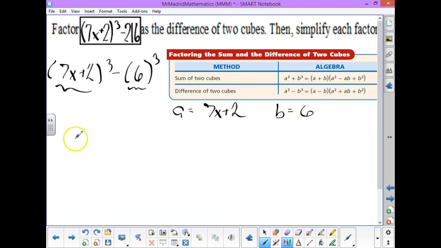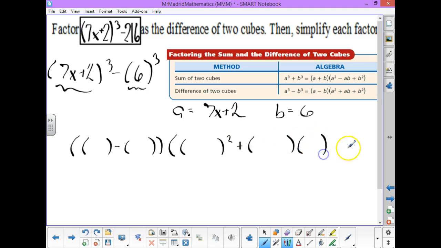I need a minus b, this is just a skeleton, and then I need a squared plus, once again, a times b plus b squared.